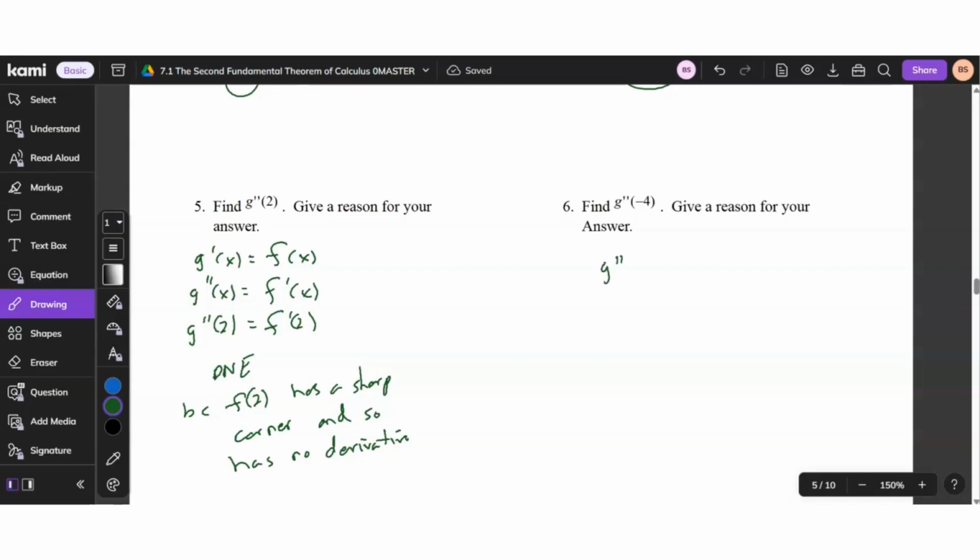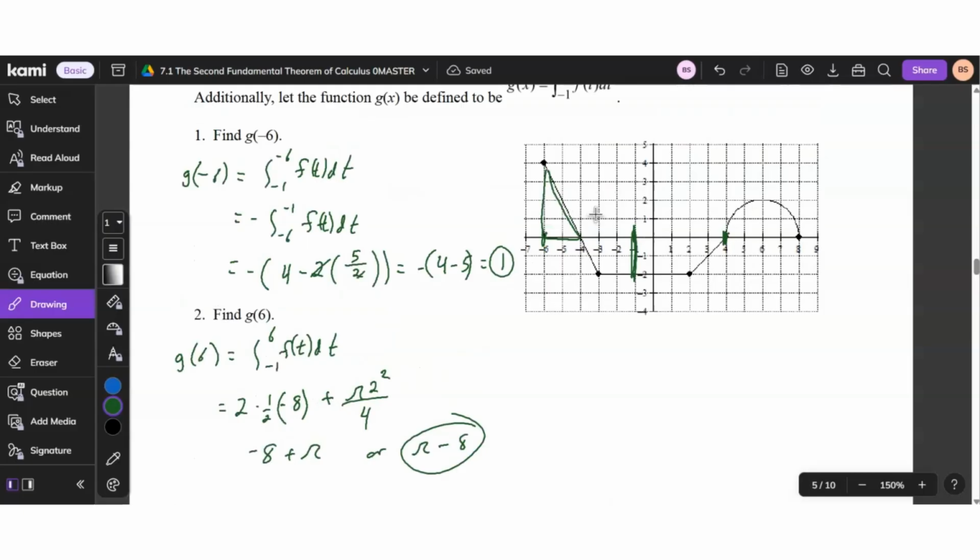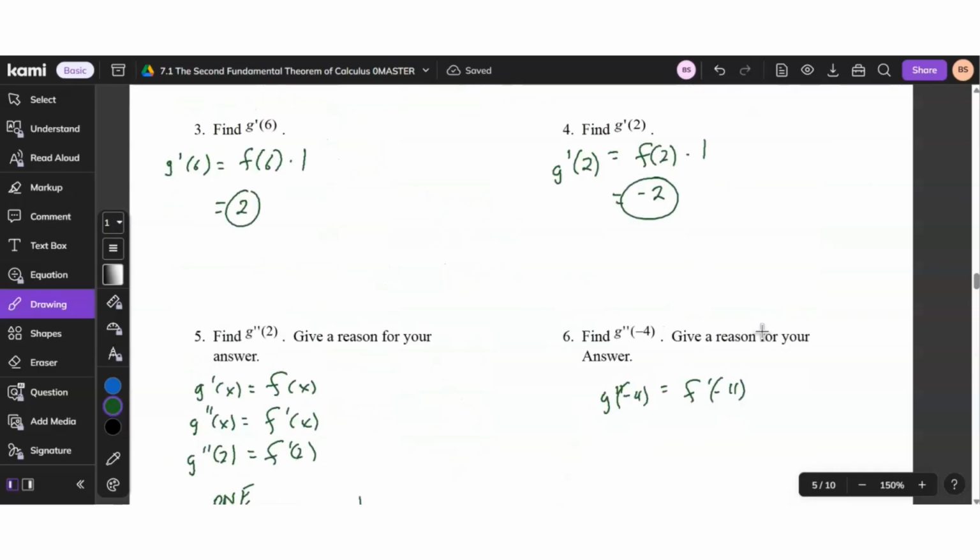We can just say g double prime of negative 4 because we know that it's just f prime. So this is just f prime of negative 4 now. So this means I'm looking for the slope at negative 4, and at negative 4, it's this nice line here, so I can find that slope. That slope is going to go from, let's see, 4 to negative 2 is a rise of negative 6 over a run of 3.